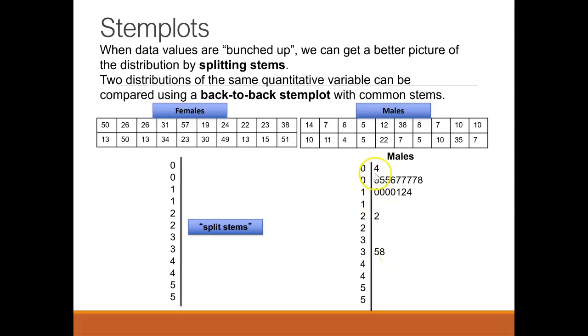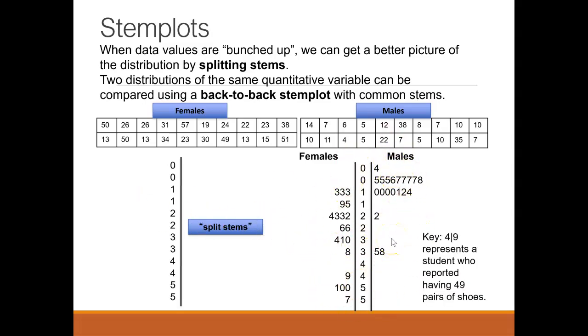So digits 0 to 4 go in the first stem and 5 to 9 go in the second stem. And then I'll draw a second bar and do the females on the other side. Notice I labeled the female side and the male side. And I'm not done yet because I need a key.